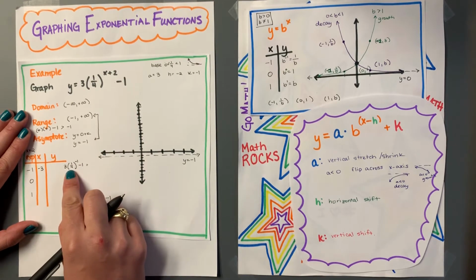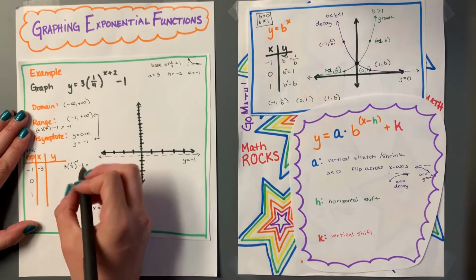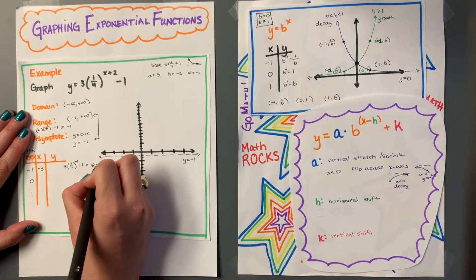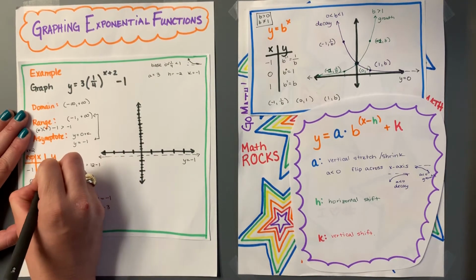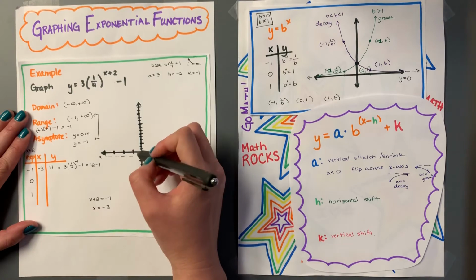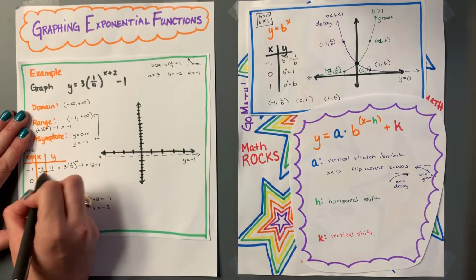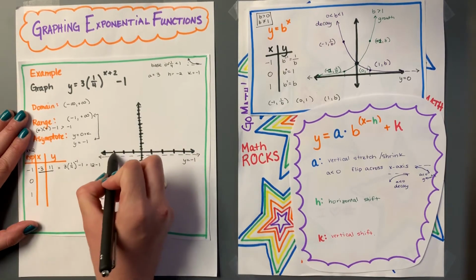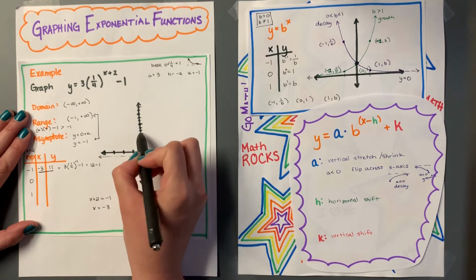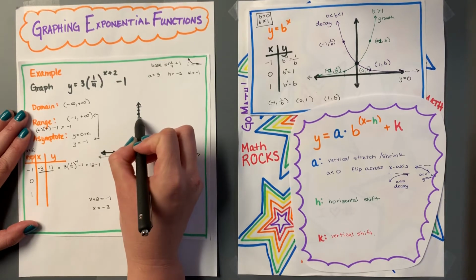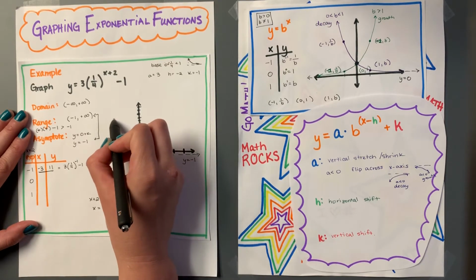So 1/4 raised to the -1, we flip that and I get 4. So this is 12 minus 1, which is 11. So this is the point -3, 11. Be about there.